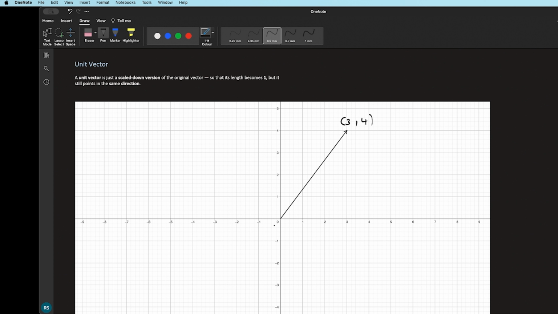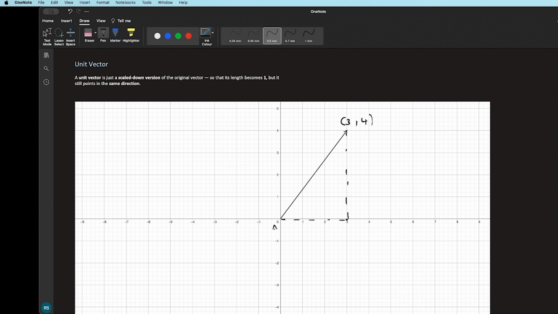The vector starts from the origin and ends at the coordinate (3, 4). So I will first find the length of that. I will draw one line here, which ends at 3, and another line here. I am drawing these lines so we can understand visually how we are applying the Pythagoras theorem.